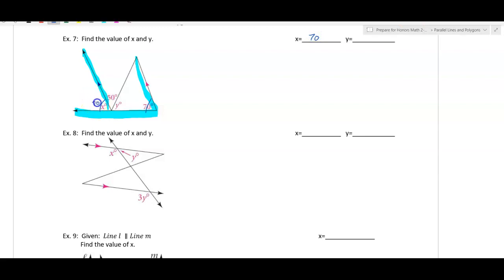Once I know x is 70, what do all three of these angles have to add up to? Y plus 50 plus 70 has to add up to 180. Y plus 120 equals 180. Y is equal to 60.